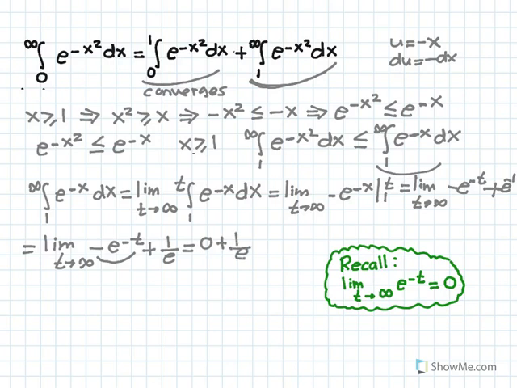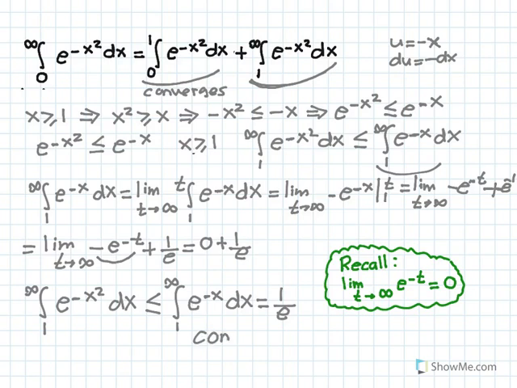So what we have shown is that, by the comparison theorem, the integral from 1 to infinity of e to the minus x squared dx is less than or equal to the integral from 1 to infinity of e to the minus x dx, which we proved is equal to 1 over e. That means this integral converges.